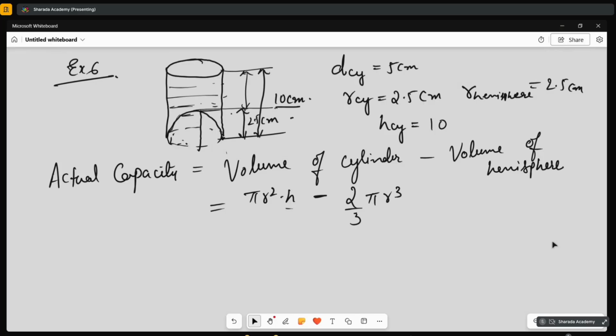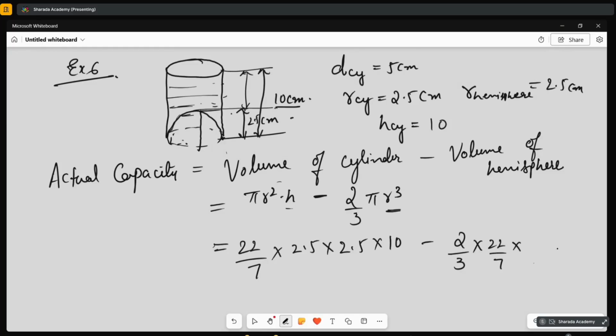Okay, see here. Pi is what? 22 by 7. Radius of the cylinder, it is 2.5 into 2.5 into 10 minus. Next step. So 22 by 7 into r cube.